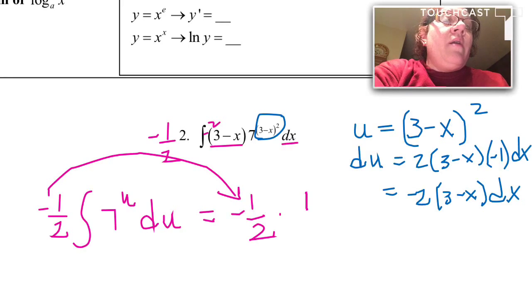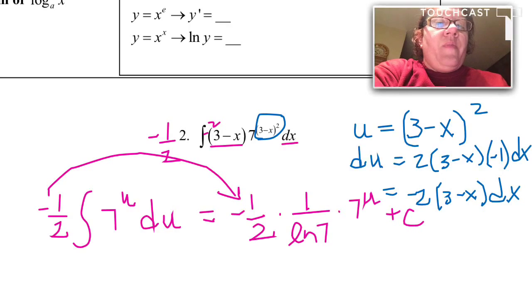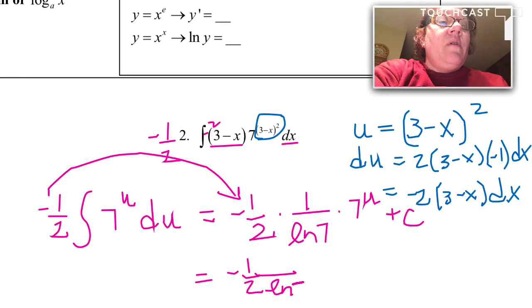So I want 1 over natural log of the base times the exponential plus c, and substituting back in, natural log of 7 times 7 to the 3 minus x quantity squared plus c.